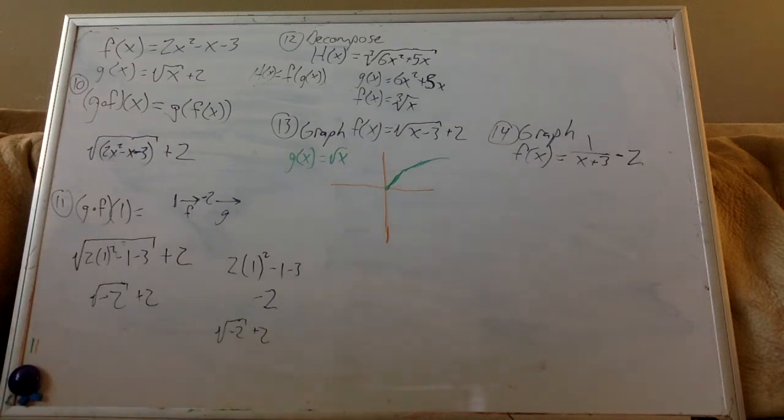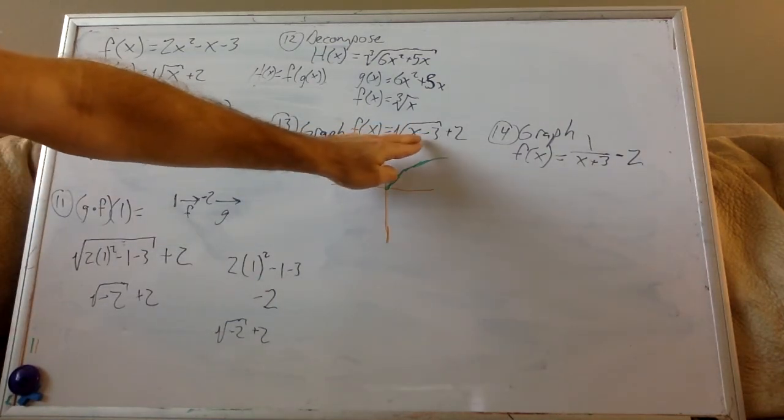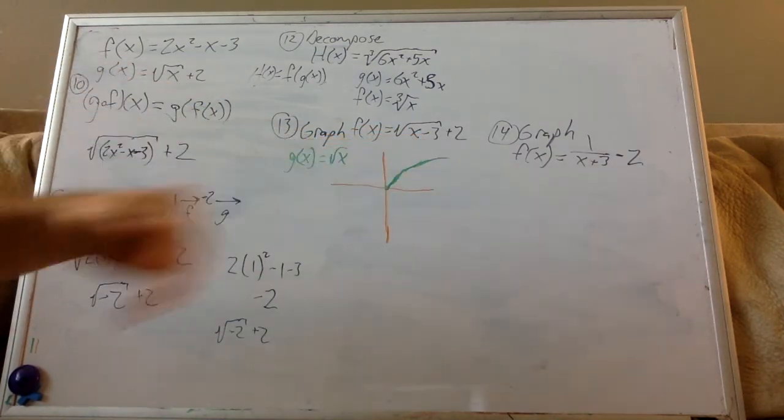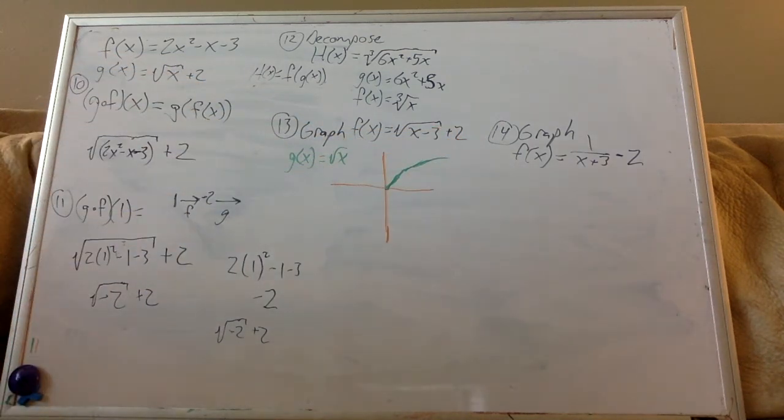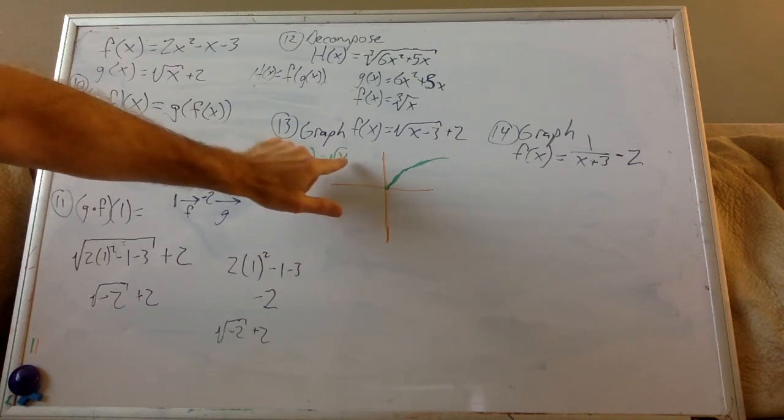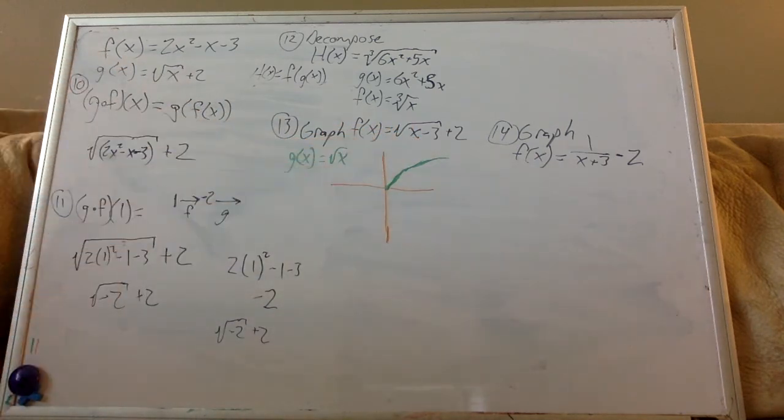Then we just need to say, okay, what have I done to this? Well, internally, I've shifted it, right? So that's a horizontal shift. And then I've also externally, after the fact, I've shifted, so I have a vertical shift as well. So then I think, if I wanted my inside piece to get back to 0, what would I have to put in? Well, I'd have to put in a 3, because 3 minus 3 is 0. So I know I've shifted over to the right 3.